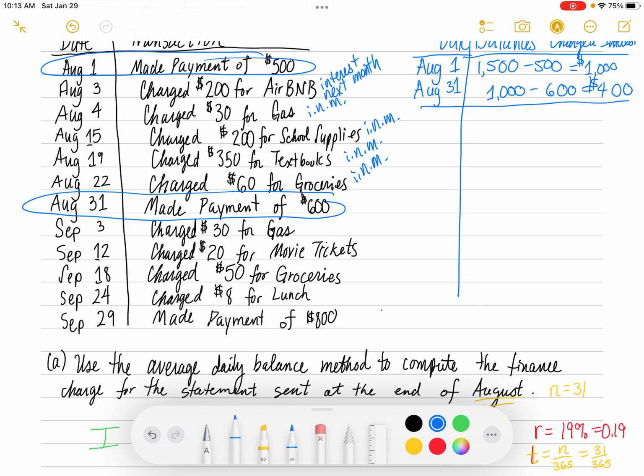So for my capital T, I'm going to write it up here so we can see the table. We have a $1,000 balance for how many days? The 1st of August through the 30th of August, that's 30 days. I'm going to take 1,000 times 30 plus the balance on the 31st, which is $400, and multiply it by how many days it is $400? Just one day, the very last day.